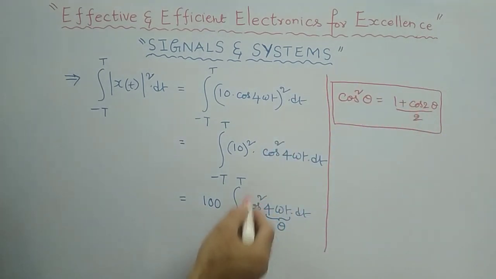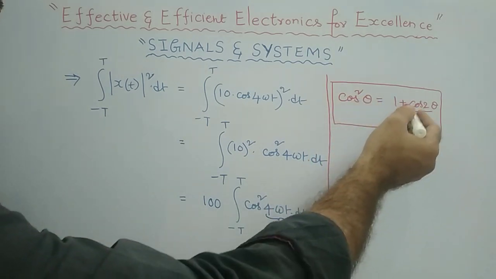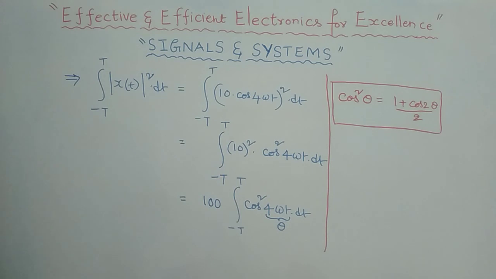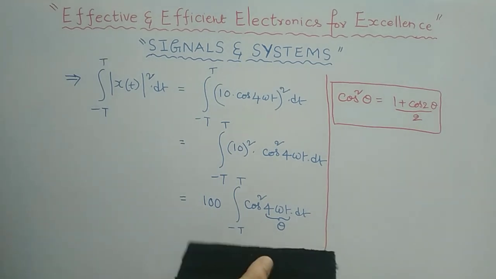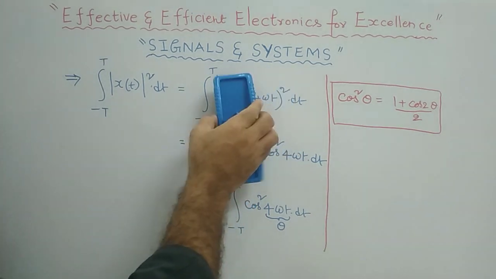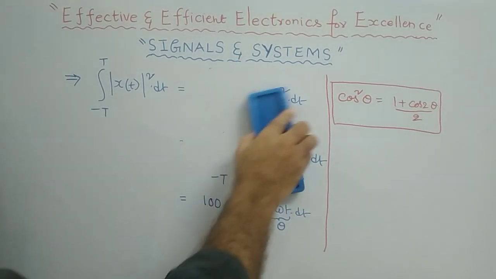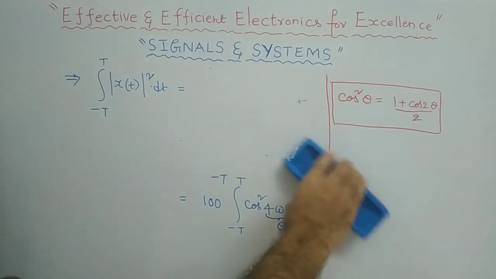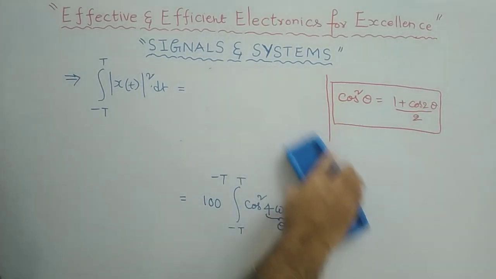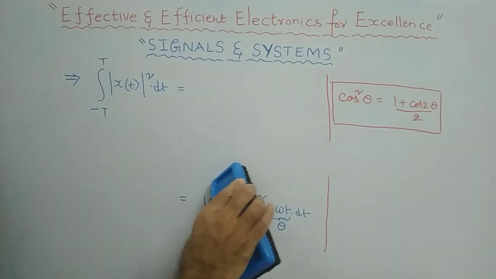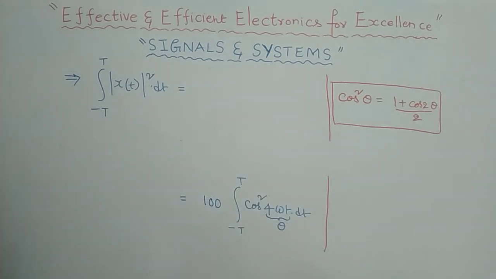If you apply this particular formula here, then this will become like this. And again, I will erase here and I will write that step here for you. So as per that trigonometric identity, this can be written like this. This is equal to, how can you write?